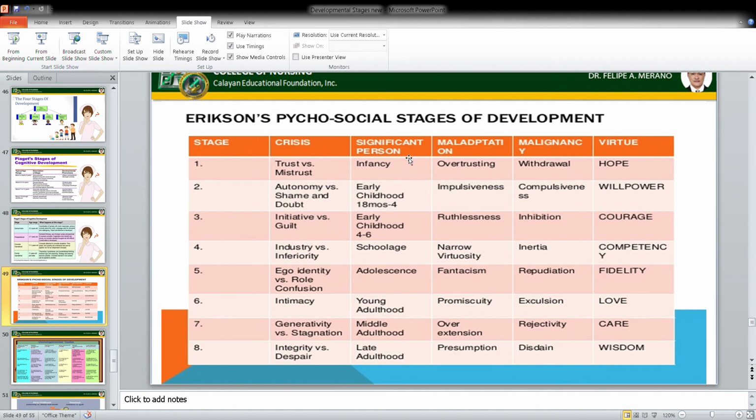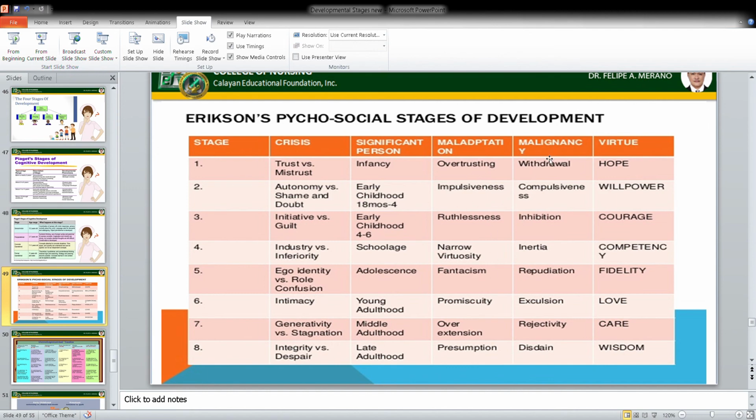What is the significant person, from infancy until late adulthood. So maladaptation, this is the negative effect if we did not properly integrate the trust, the autonomy, the initiative, the industry, the ego identity, intimacy, generativity, and integrity.